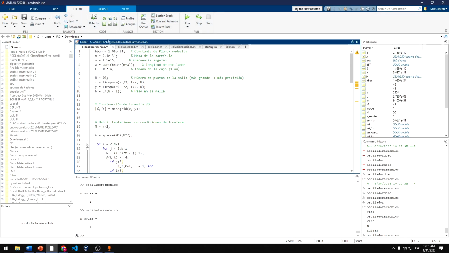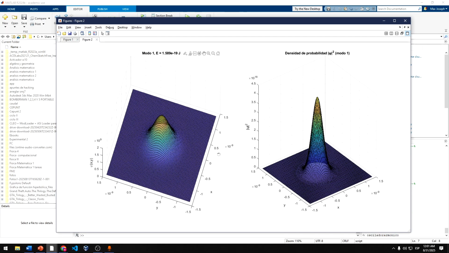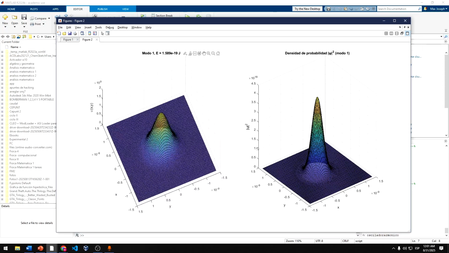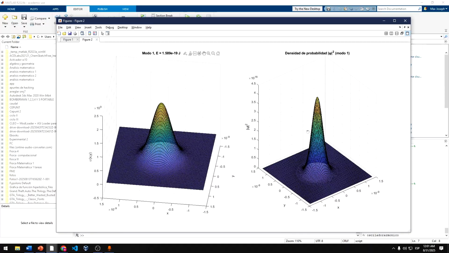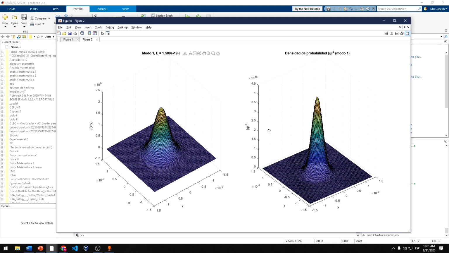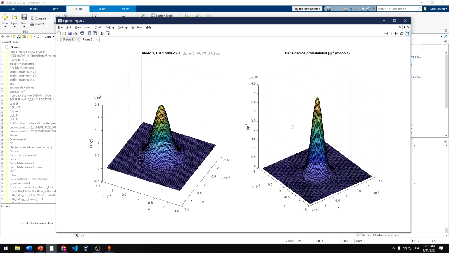Y así voy aumentando. 100. Voy a tener una aproximación mucho mejor. Ya está aproximándose a una solución más congruente.